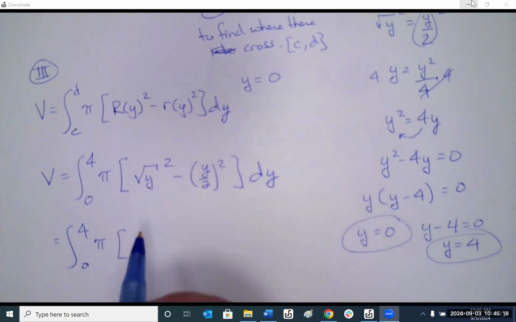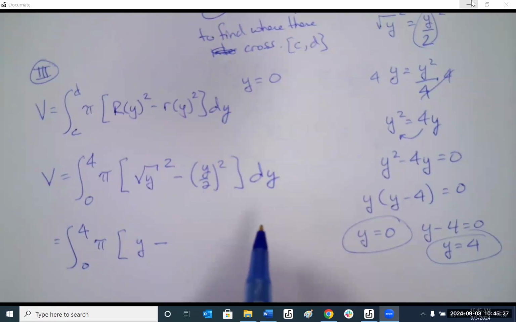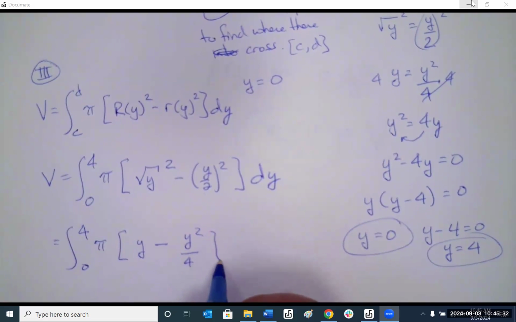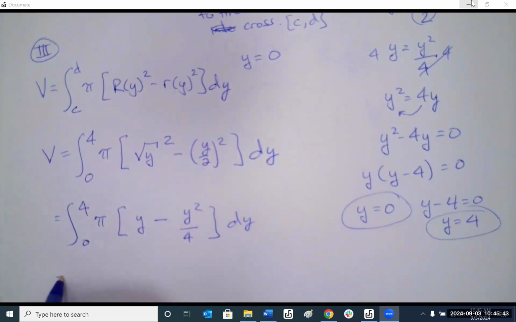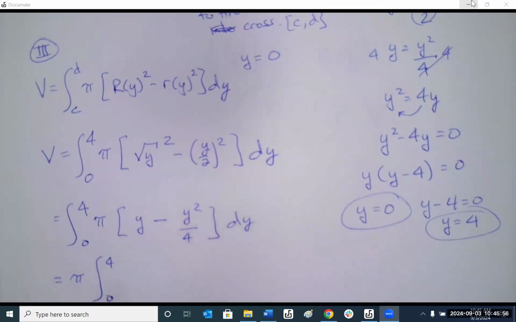Square root of y squared becomes what? Right? Y over 2 squared becomes y squared over 4. Pick out the pi. Actually, we can go ahead and integrate both of these as they are already.